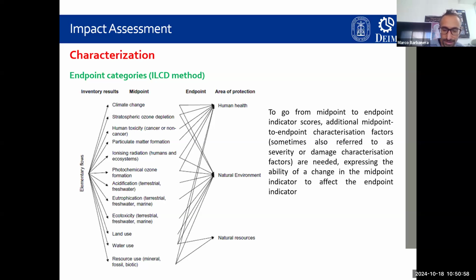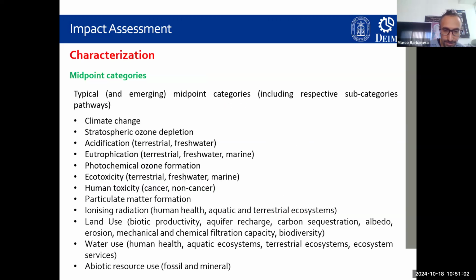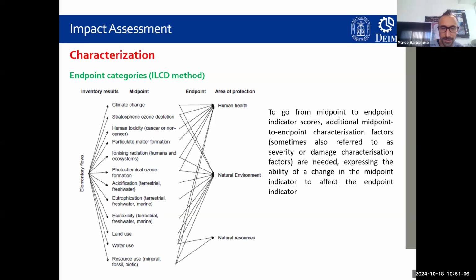So natural environment is equivalent to ecosystem quality, and natural resources is equivalent to resource depletion. The method uses different names, but the meaning is the same. Okay.